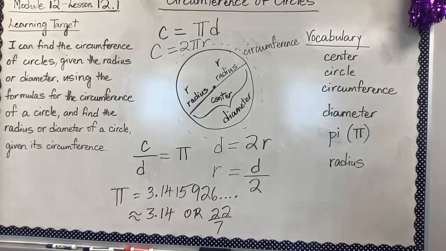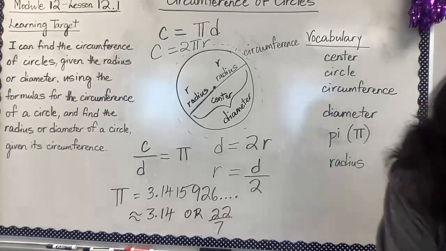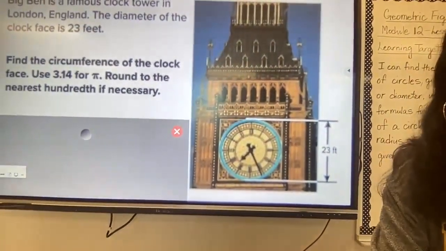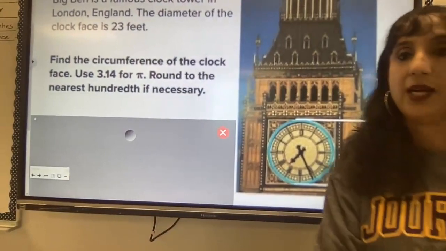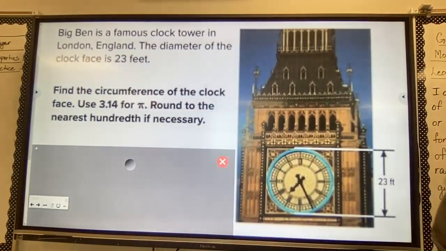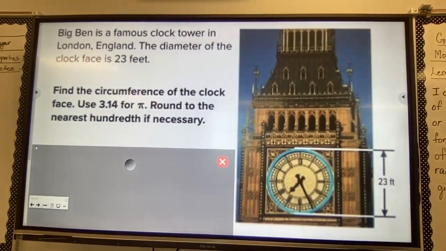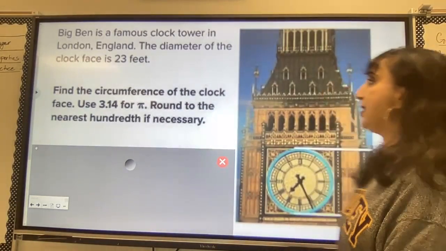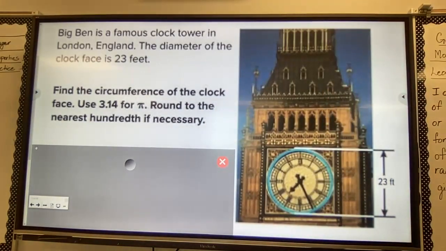All right, so now let us use this example. Trying to get the entire screen. Okay. So Big Ben is a famous clock tower in London, England. The diameter of the clock face is 23 feet.